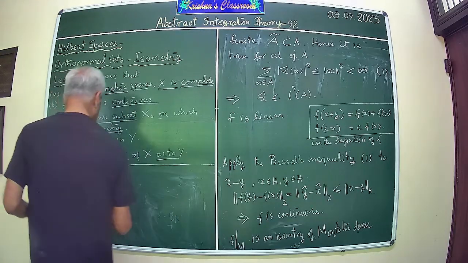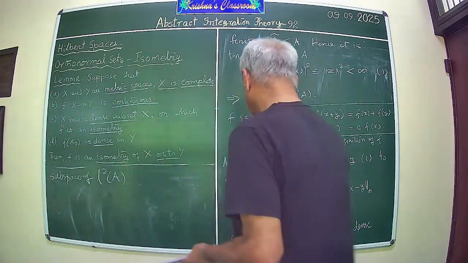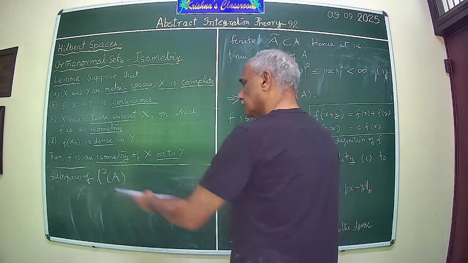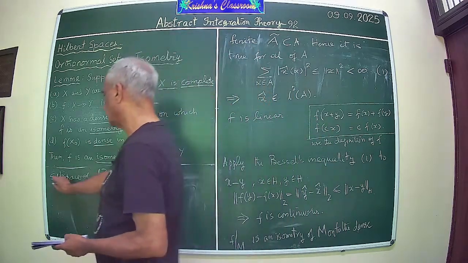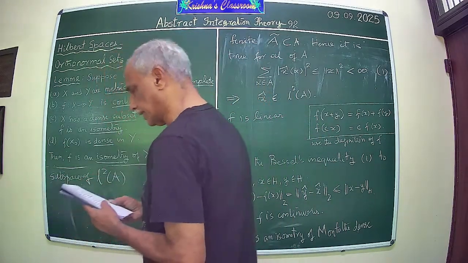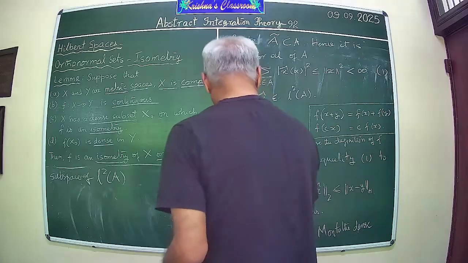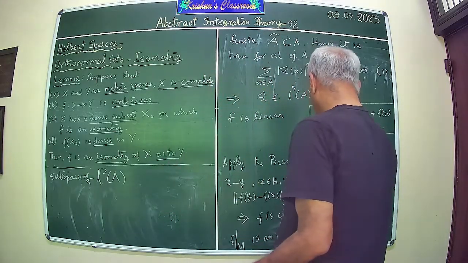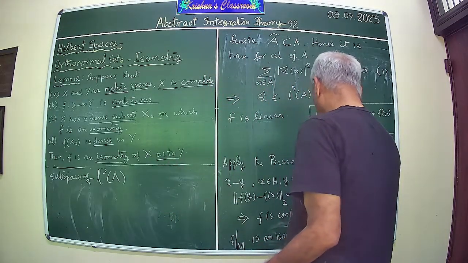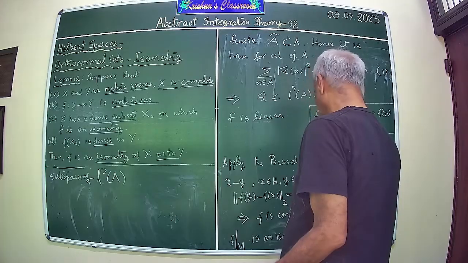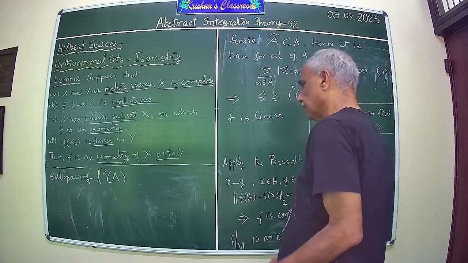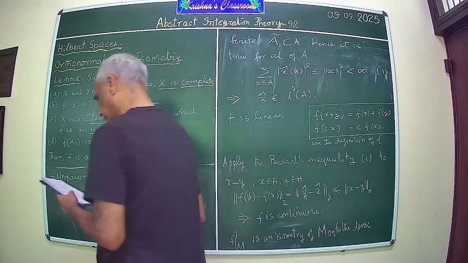This particular subspace will consider only finite sums, because you see that we are picking up elements in M that are finite linear combinations of x alpha.